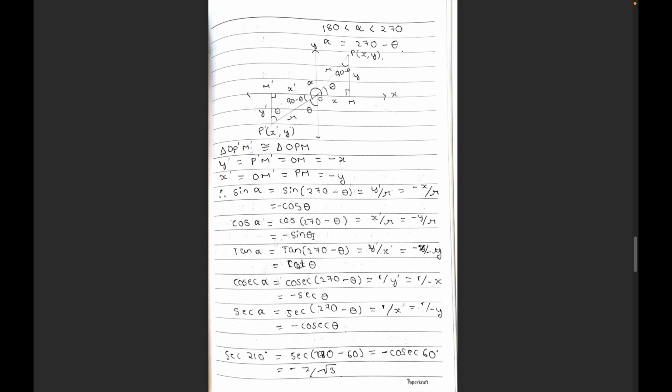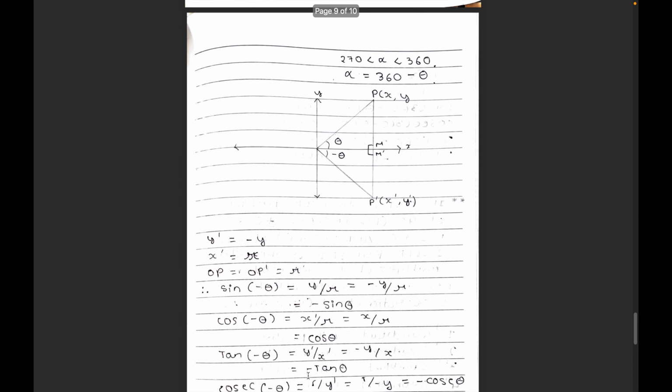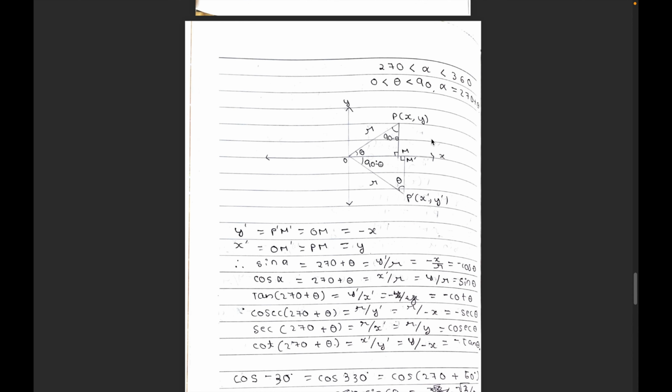That's why only tan is positive. And finally, this is the fourth quadrant. So cos will be positive, the rest will be negative. And then this would be 360 minus alpha. So it's 270 plus alpha.